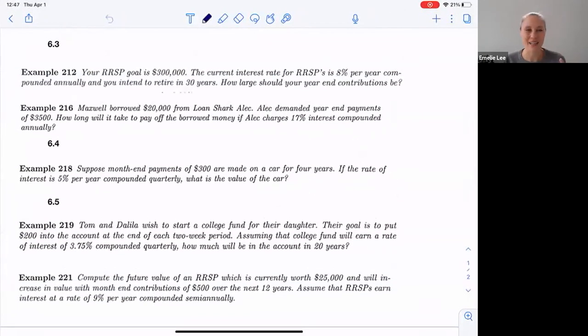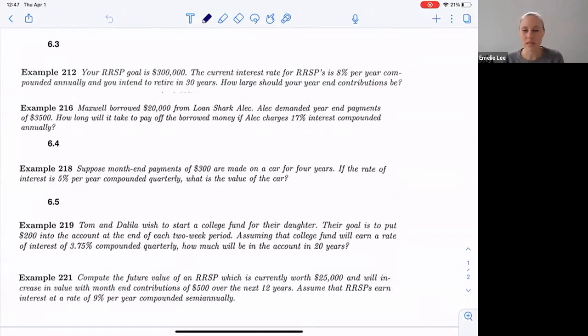You can confirm them with the calculator, right? Even if you have to solve for n, it can do that, which is the only other thing. It can solve for the payment amount, right?